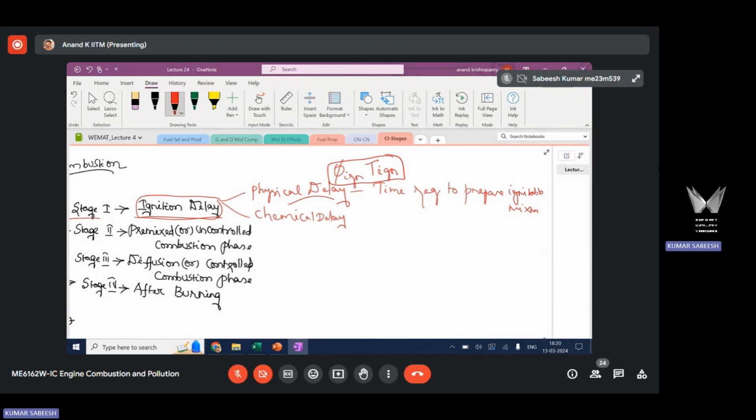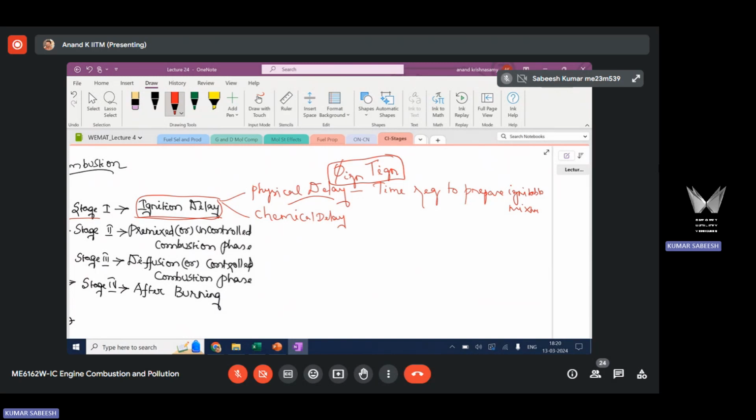The processes that take place during the physical delay we discussed in the overview also. You are injecting liquid phase fuel. It absorbs latent heat and gets into gas phase. Before that, there is a breakup of the fuel film at the outer spray periphery. That is atomization. Once the fuel breaks up, air will enter in and provide the latent heat. Then fuel vaporizes. After vaporization, there is mixing.